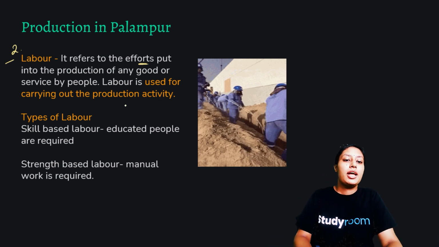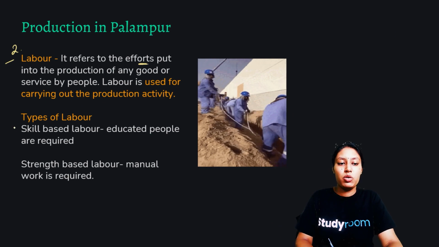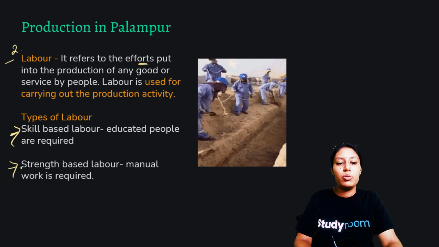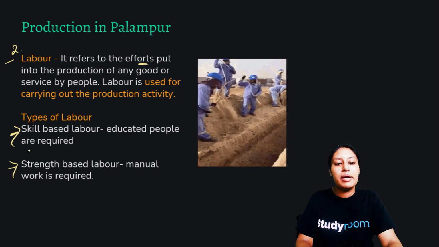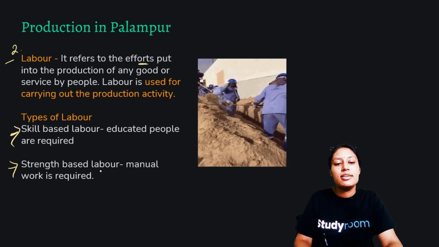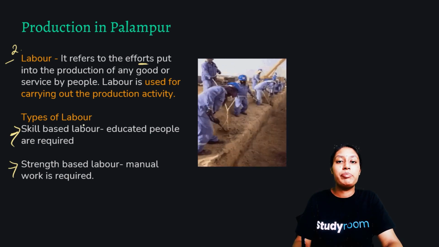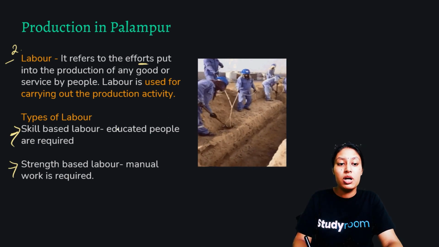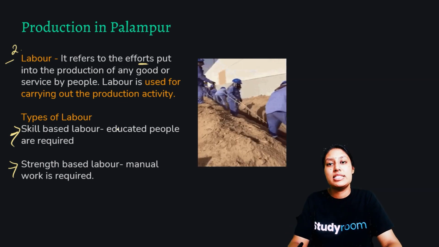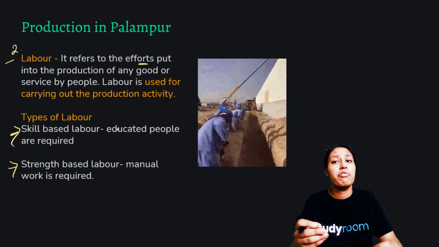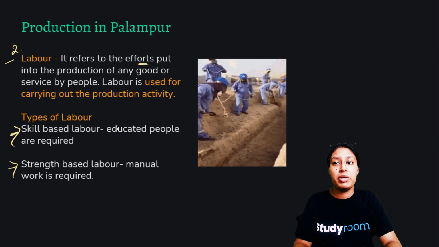Now, there are two types of labor. One is skilled labor, and the second one we call unskilled, or strength-based labor. Skill-based laborers are people who are educated, or have specialization in something. It could be making a fine product, it could be taping finely.